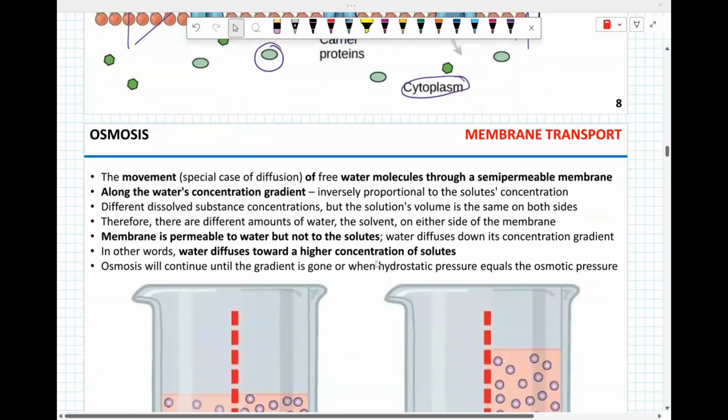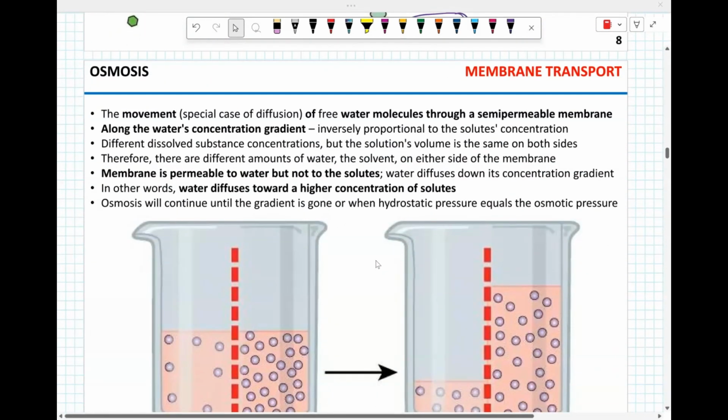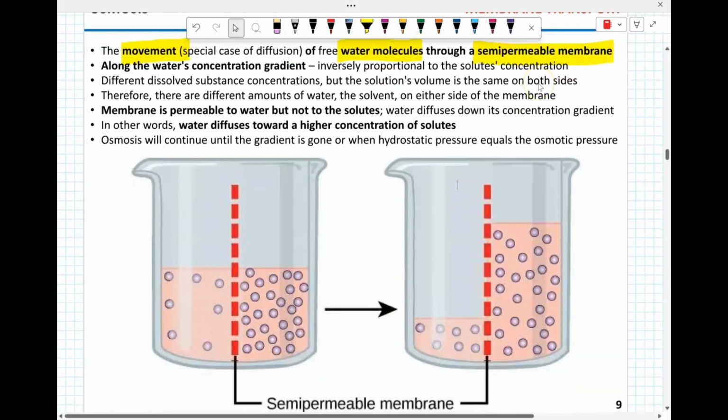Now that we have figured out the mechanisms for the passive transport, for the diffusion, it's time to talk about the phenomenon of osmosis. So osmosis is the movement of water through a semi-permeable membrane. In other words, water moves through the membrane that is permeable for water, but not for the solutes.